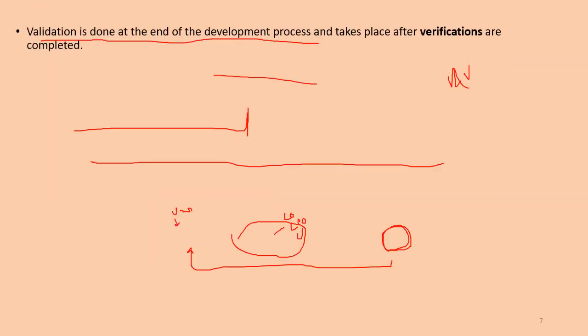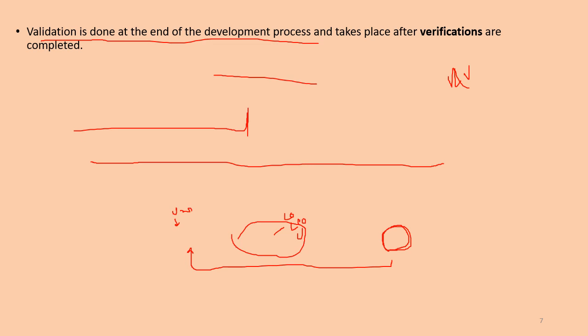Validation is done at the end of the development process, and it takes place after the verifications are completed. If you remember, we discussed V and V: the first V is verification and the next V is validation.